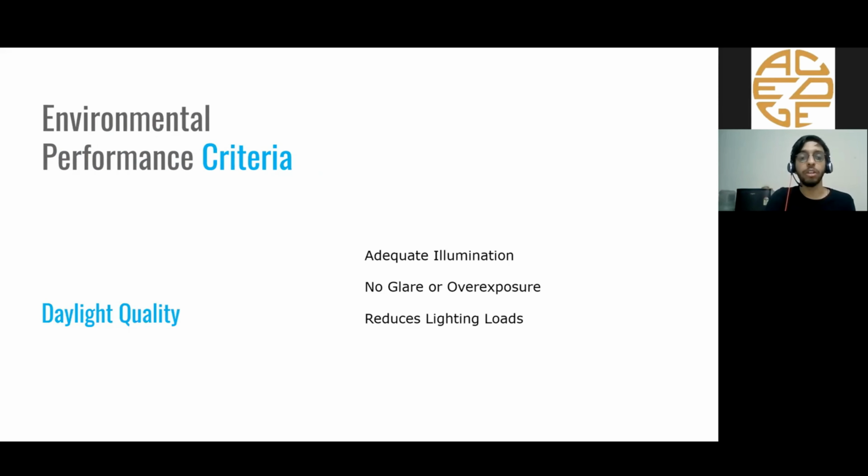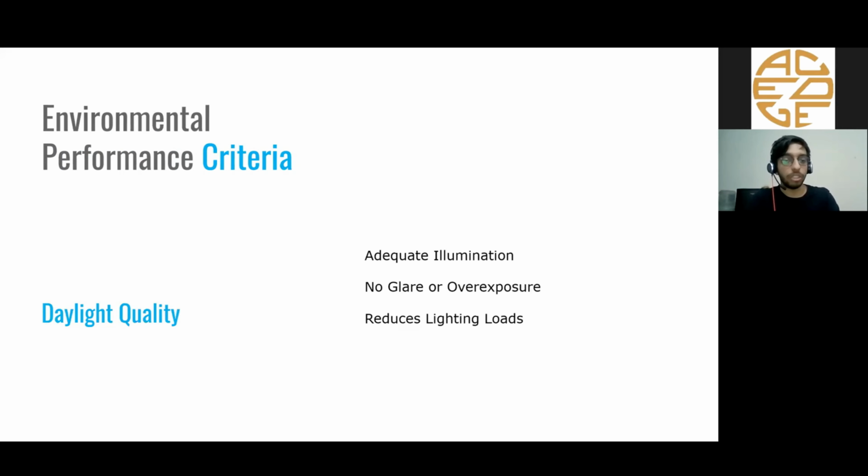And also if you have daylight and you are not using your artificial light, then it is reducing your lighting loads. So in that way it is reducing the energy consumption, and also contributing to the well-being and the mental health of the occupants.